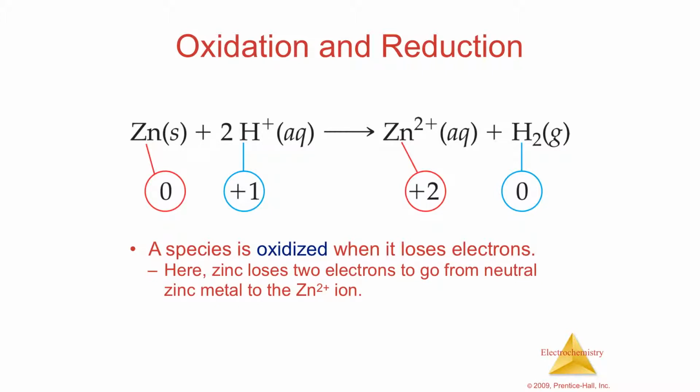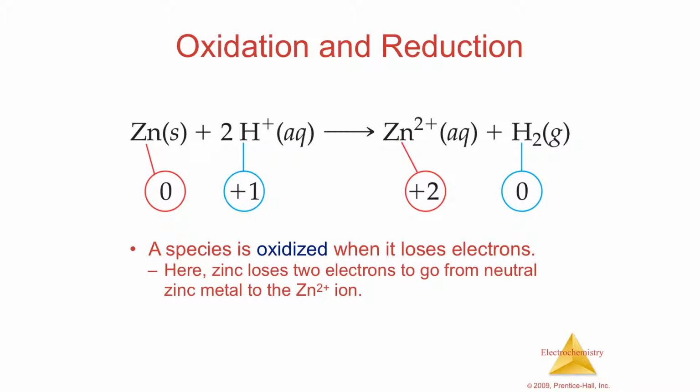If I take zinc metal and protons, the protons seem to transfer onto the zinc, but what's actually happening is that electrons are transferring off of the zinc and going onto the hydrogen, making hydrogen gas instead of aqueous hydrogen.